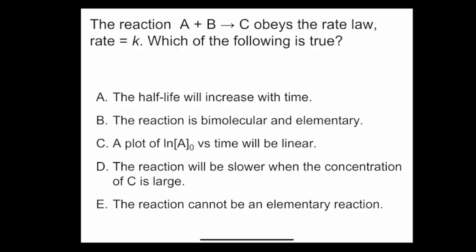B, the reaction is bimolecular and elementary. C, the plot of ln A versus time will be linear. D, the reaction will be slow when the concentration of C is large. And E, the reaction cannot be an elementary reaction. That's the main thing. Now we'll start off on this one and we'll go through each of these definitions last point. You should be able to recognize what we're trying to communicate through all five of these.